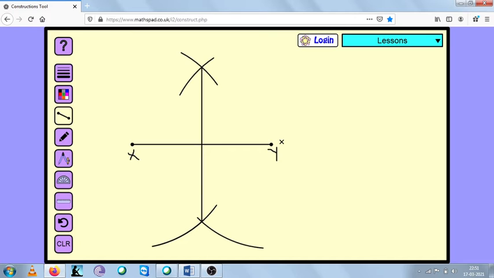That is the perpendicular bisector of line segment XY. Then you can give a name also. Here the name given is CD. Extend outward, and you can make an arrow also so that the line CD is completed.